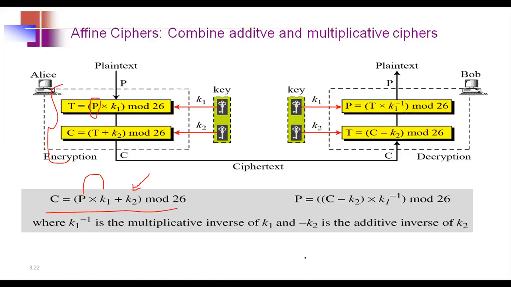Then how to get the plain text? The same operations are used in reverse. The ciphertext is subtracted with k2, then that result is multiplied with the k1 inverse, so the plain text at the receiver side is equal to the ciphertext character subtracted with k2, into k1 inverse.